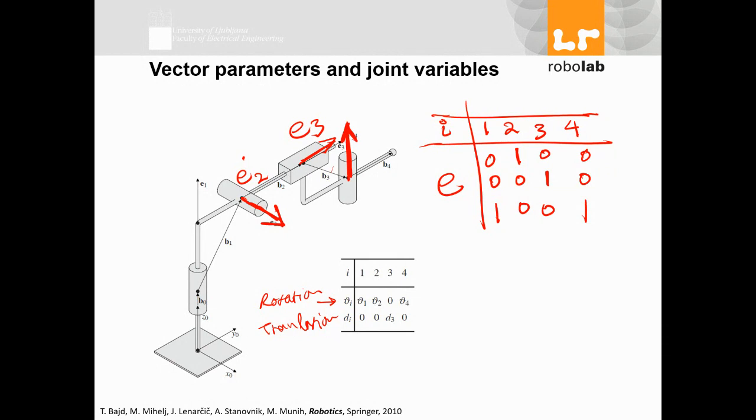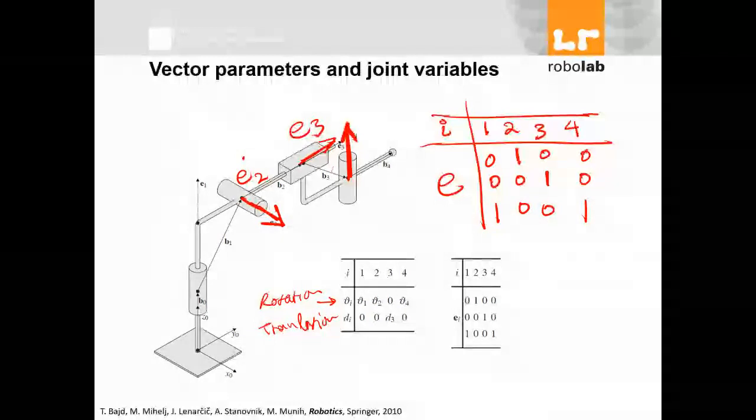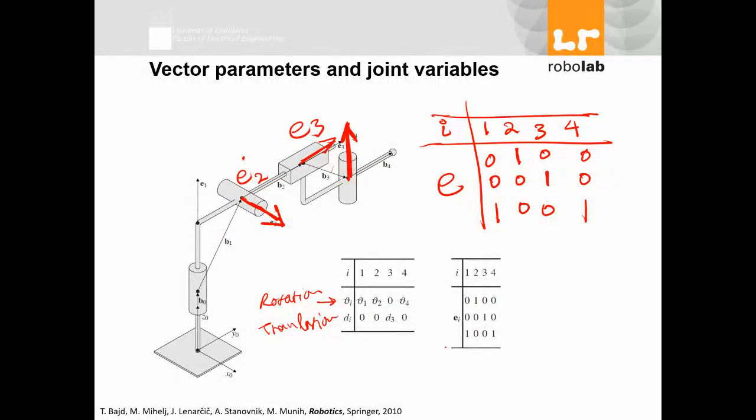I didn't have any difficulty, honestly. If I have my coordinates, I can easily figure out what E is and what is changing, theta or translation. So this is the E vector, the guidance or unit vector for each joint.